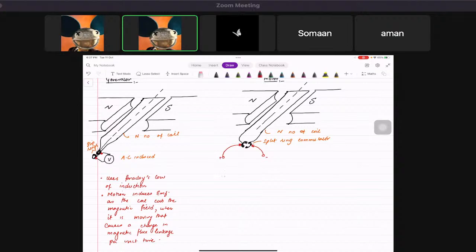The motor, however, uses Fleming's left hand rule, and basically current produces motion. So that's because there is a force acting.